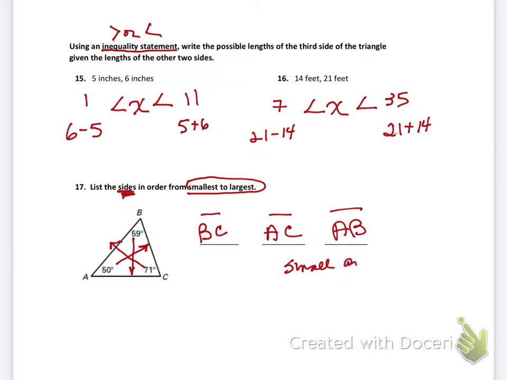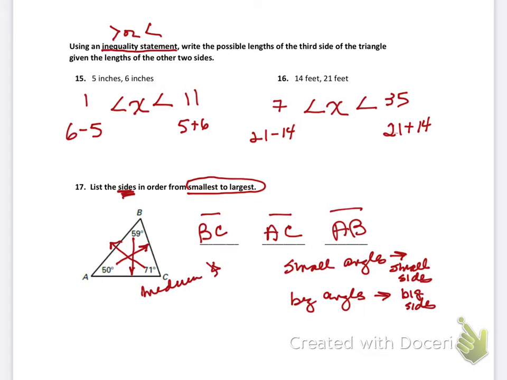Small angles yield small sides. Okay, and therefore big angles yield big sides.